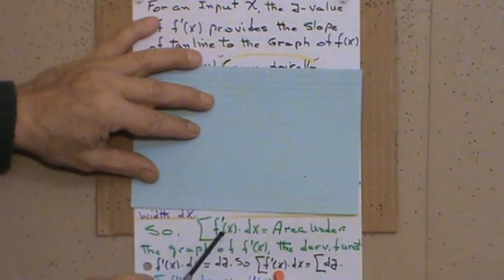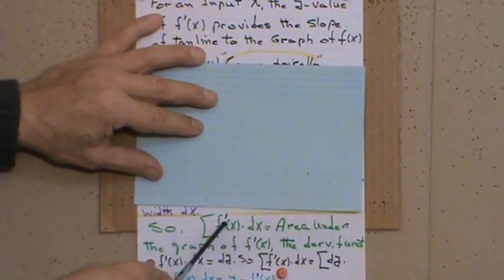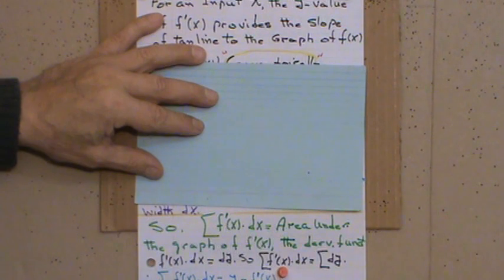Now, if we add all of these very thin rectangles, they will fill up the area under the graph of the derivative function. The graph of the derivative function.